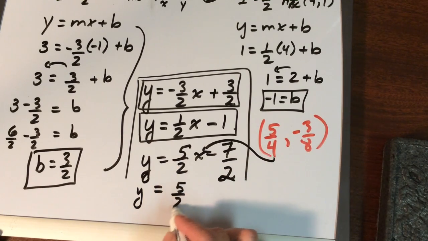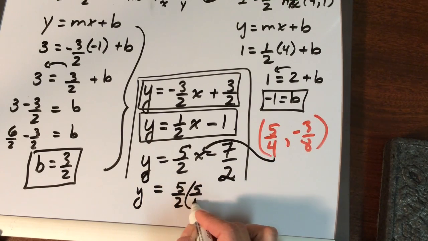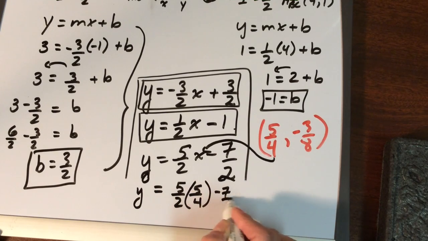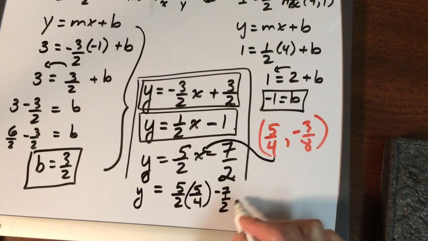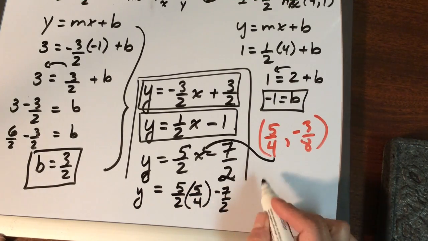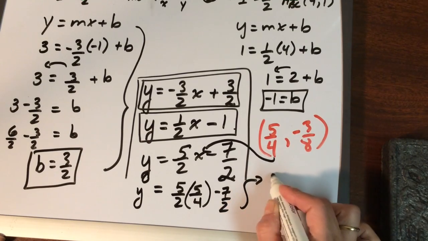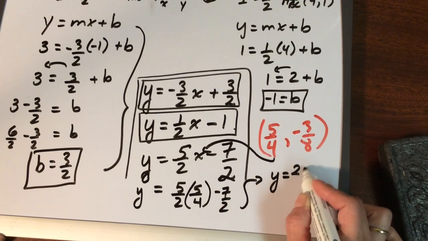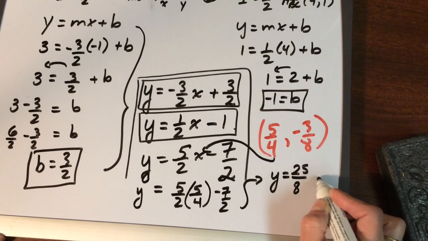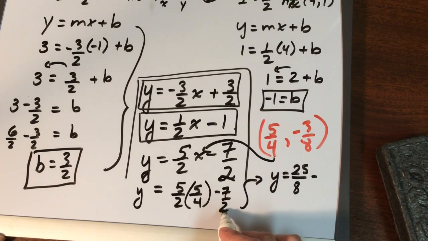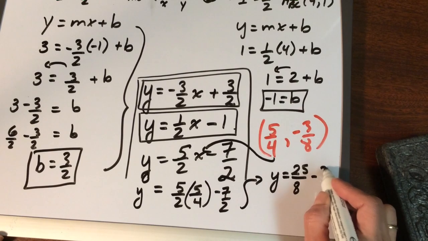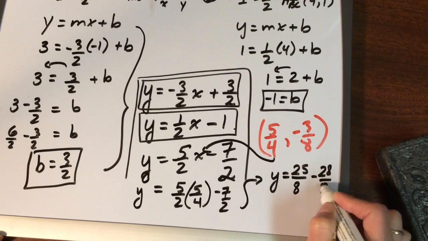We've got 5 over 2 times 5 over 4 minus 7 over 2. y is equal to 25 over 8 minus, this we want as an 8, so we're going to multiply by 4, so that's minus 28 over 8.